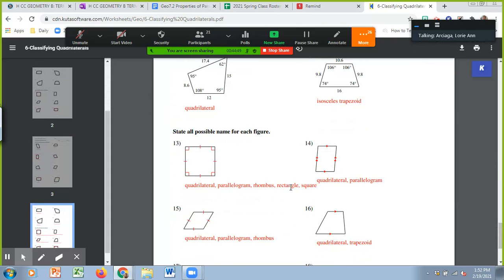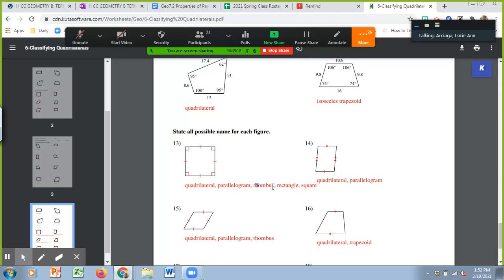You can also call it a rectangle because remember, the definition of a rectangle is that it has 4 right angles. But a square also has 4 right angles. At the same time, it just has that extra condition that all the sides are equal. Okay. By definition, a rhombus has 4 congruent sides.